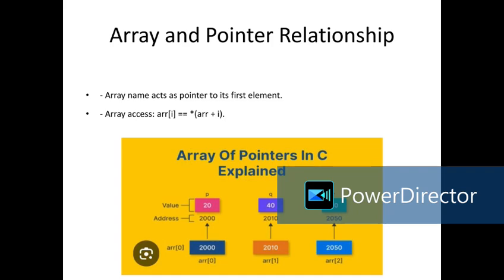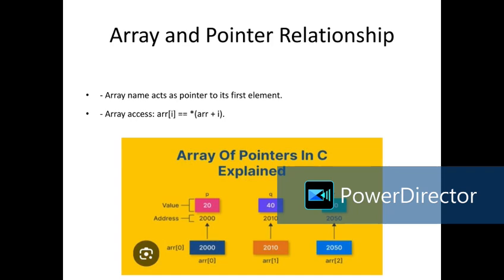An array can be traversed using a loop: for (int i = 0; i < 3; i++) { printf("%d", *(array + i)); }. One important thing: an array is not a pointer, but it decays into a pointer when you pass it to functions.